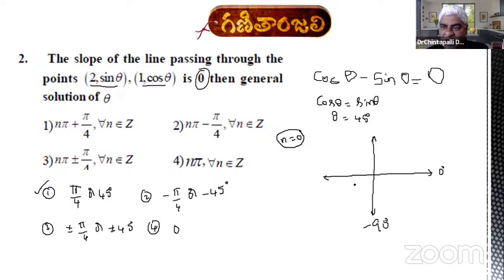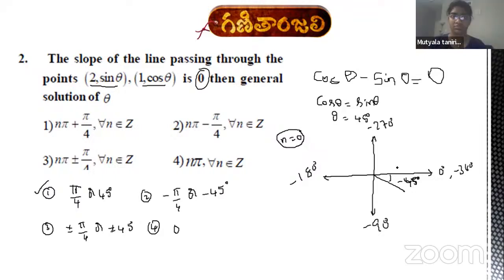If the angle is measured in the clockwise direction, it is negative. That's why these are minus 90 degrees, minus 180 degrees, minus 270 degrees, minus 360 degrees. So this is minus 45 degrees, but the range of inclination is 0 to 180 degrees.